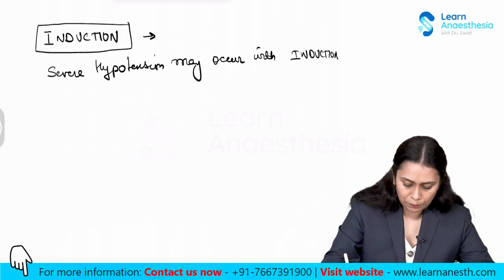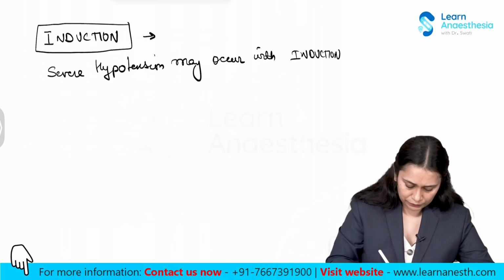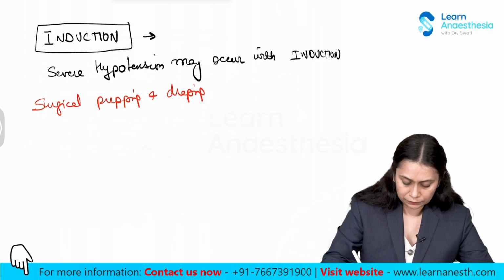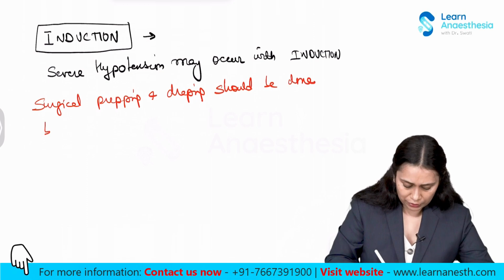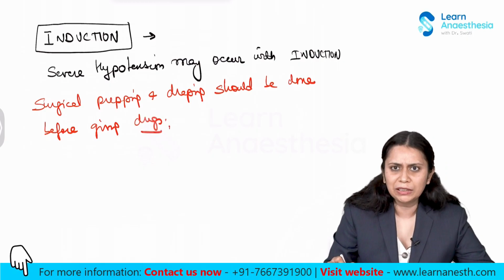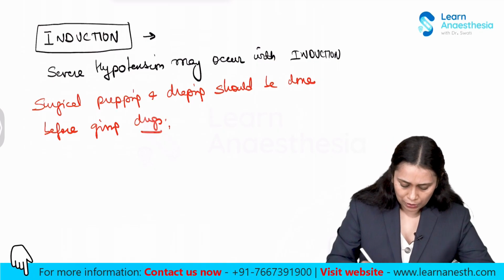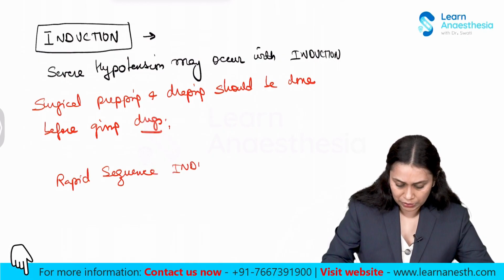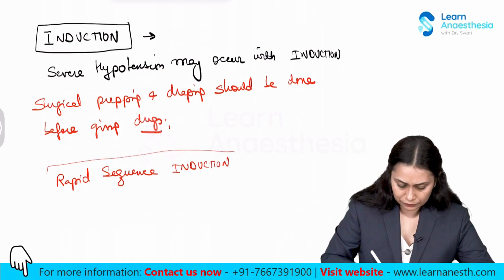So surgical prepping and draping should be done before giving drugs, right? As soon as the abdomen is open, sometimes the aortic clamp is applied to the patient, right? Now rapid sequence induction has to be practiced.